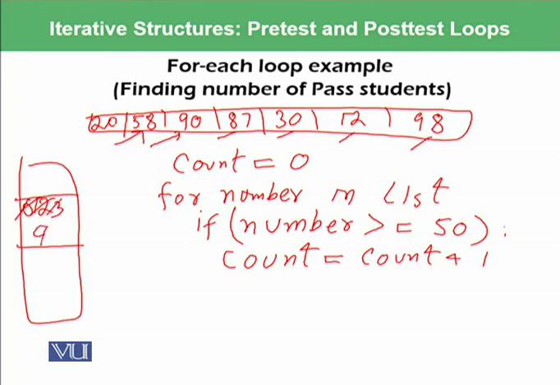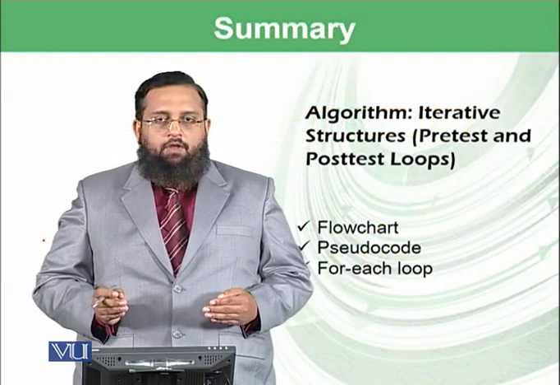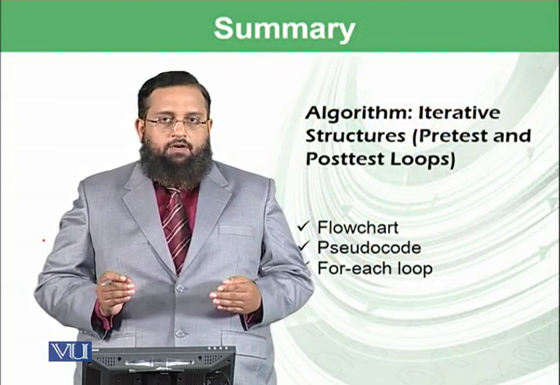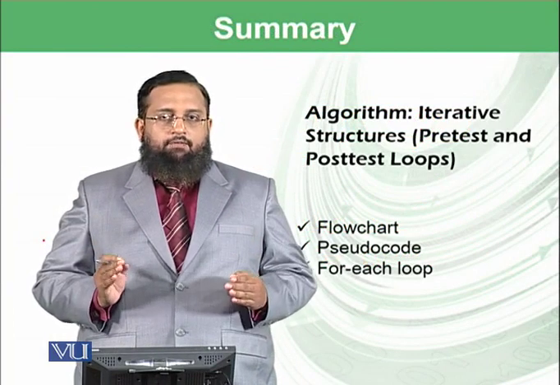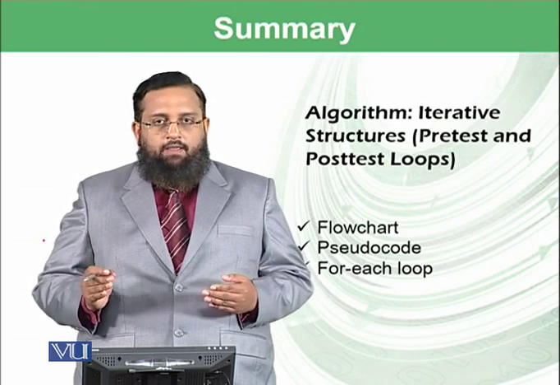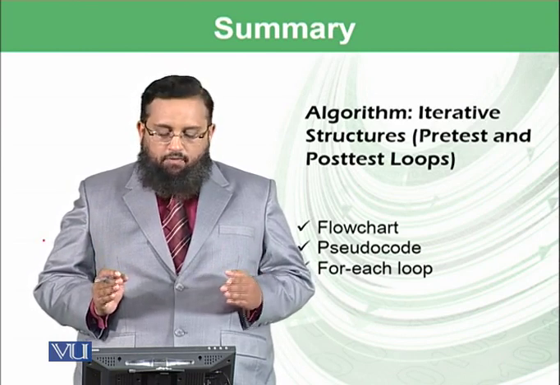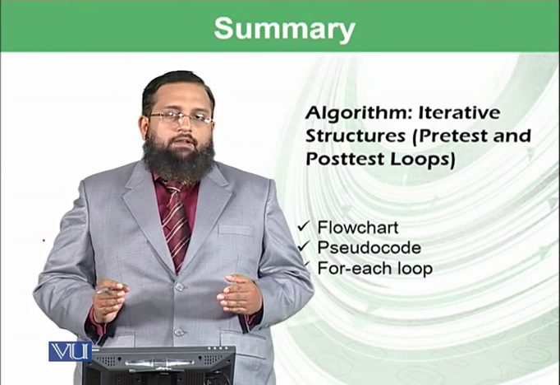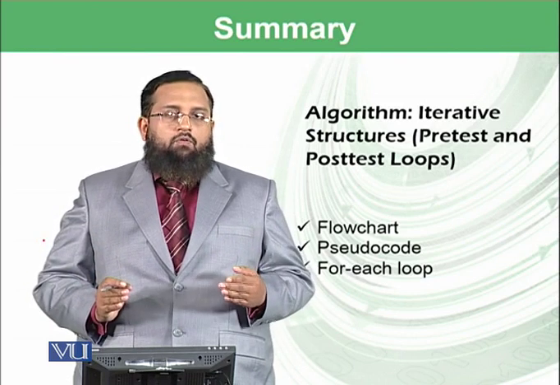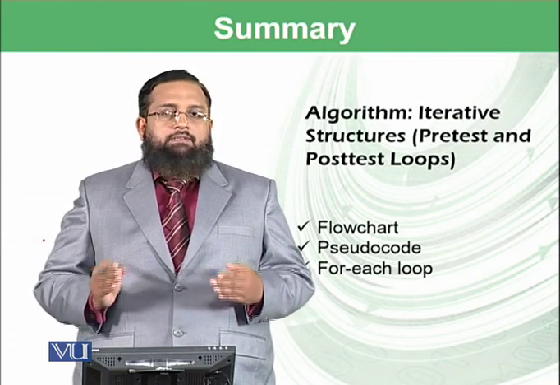So the count contains the value of 4, which means we have counted the number of passed students from the list using the for structure. If we summarize today's module, we have learned about the flowchart, the diagram which we have shown, which had the condition and the body, and we have also learned about pseudocode, and about the for loop, that is, how we can write the for loop to represent the pseudocode.